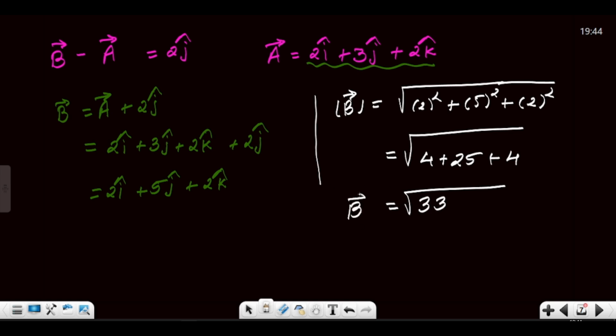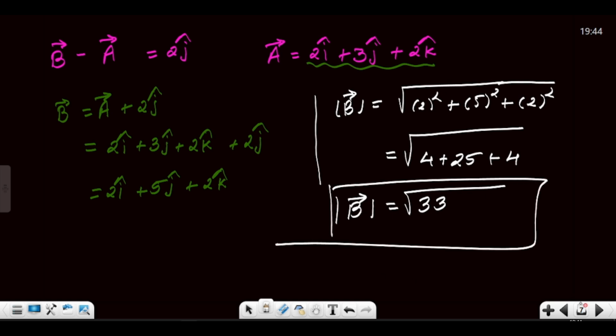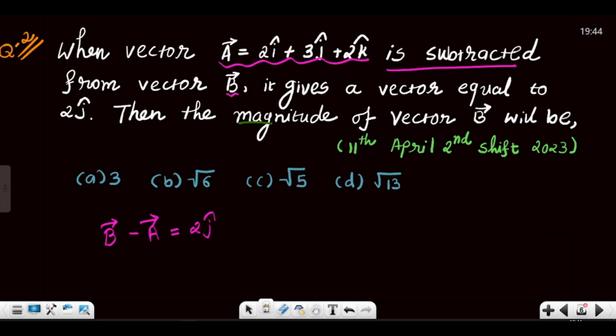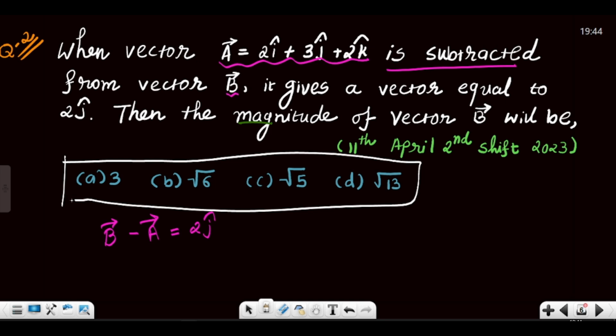Magnitude of vector B is under root 33. And as we can see, we do not have any option which has under root 33. So this question was bonus at that time. This question was asked in 11th April, second shift 2023.